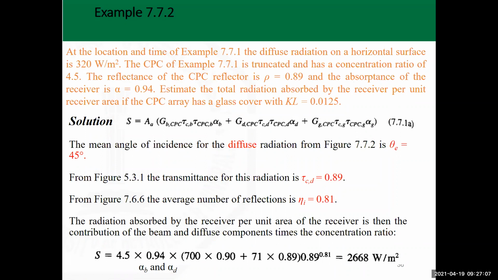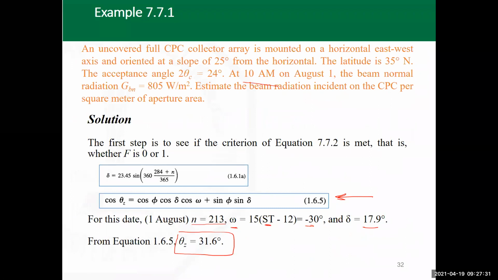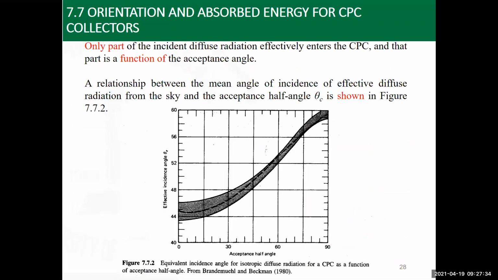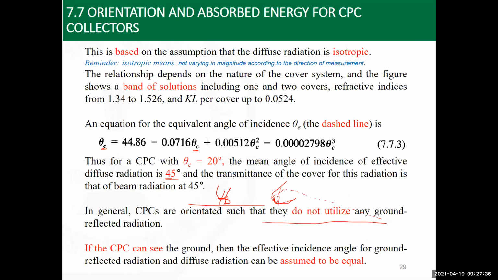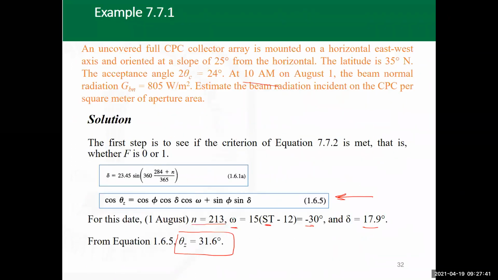And remember, in that expression here, what we have basically is the combination of only the beam component of the radiation and the diffuse component of the radiation. The mean angle of incidence is 45, if you remember the figure that we covered a while ago, which can also be interpreted in terms of the equation, the one which is given as a range here, by substituting into this equation. If you know the value of theta c, we can get the value of theta e.